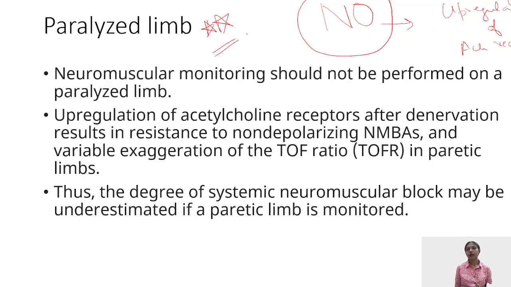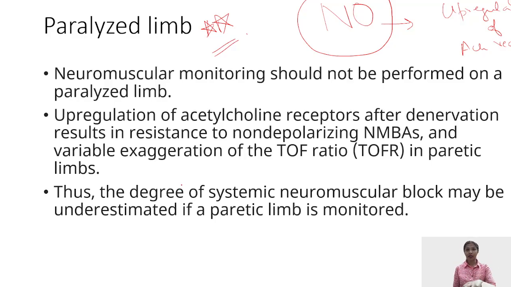So a paralyzed limb is never chosen for neuromuscular monitoring, because the degree of the systemic neuromuscular block may be underestimated, because there is upregulation of acetylcholine receptors.